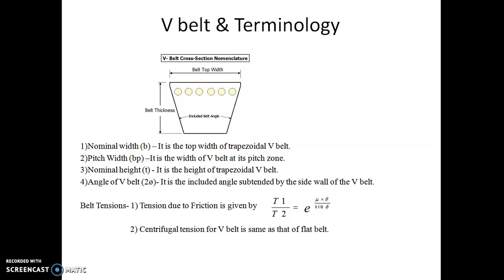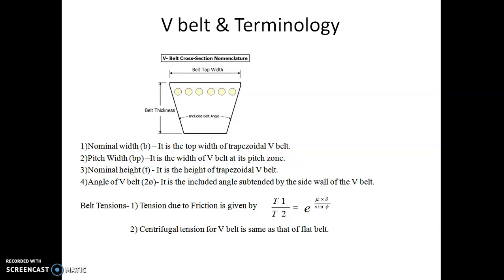The derivation for this formula is similar to the derivation we have seen in flat belt. Only the addition of sin phi term. It is because of the change in direction of normal reaction in case of V-belt at the point of contact. So sin phi term is added here.